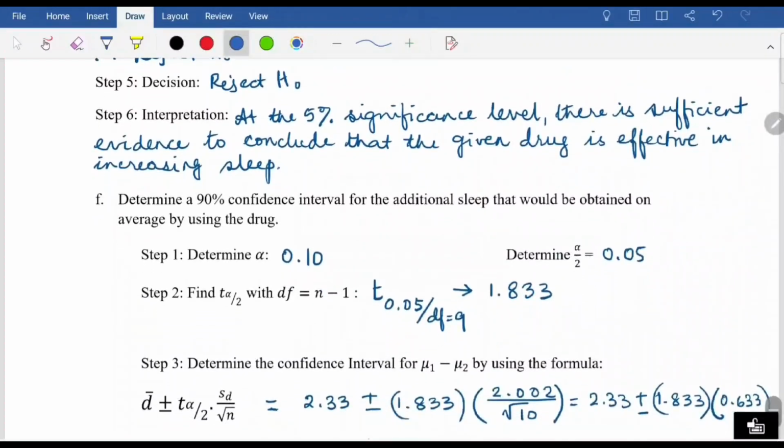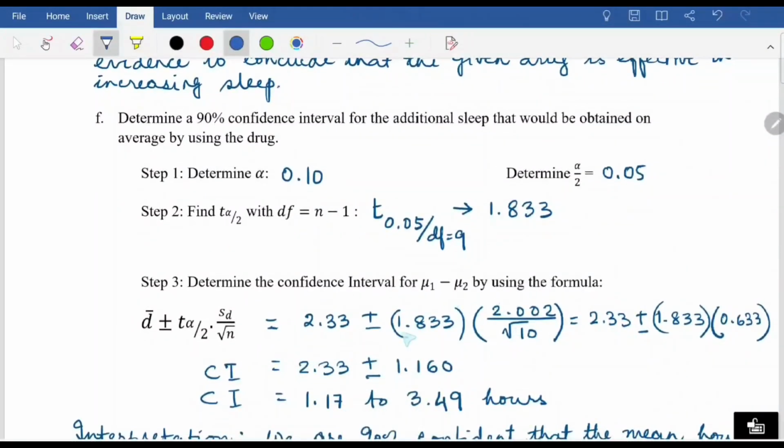And then for the confidence interval, 90% is the confidence level we are being asked to find. You have to split your alpha into 2, so alpha by 2 is 0.05. The t of alpha by 2 with DF equals 9 is 1.833, which we use in our calculations.